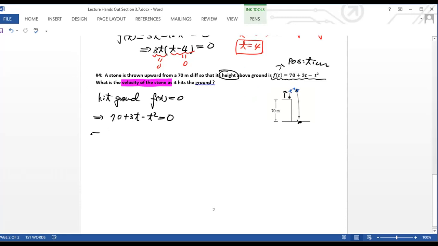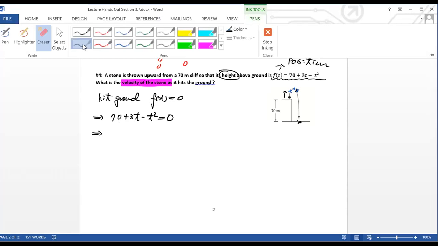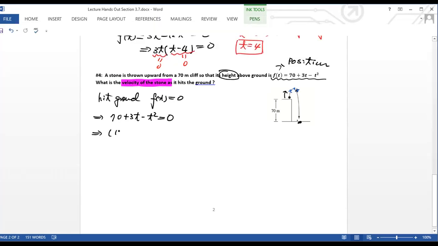Okay, so if you factor, you get (10 minus t) and (7 plus t), equal to 0.